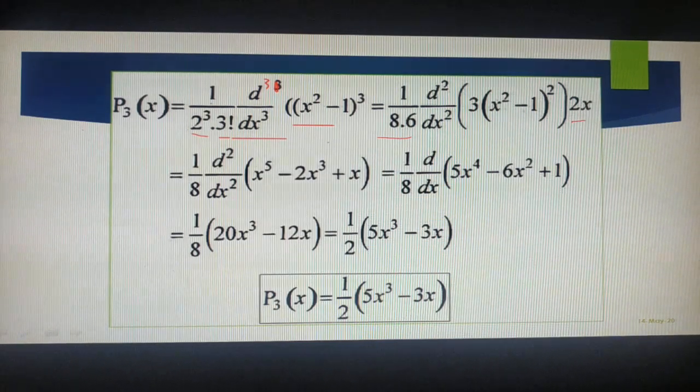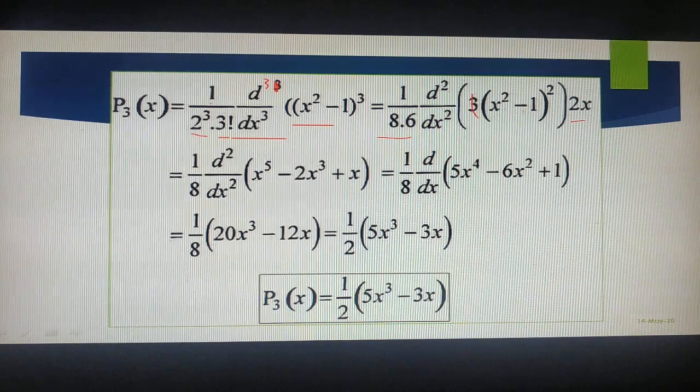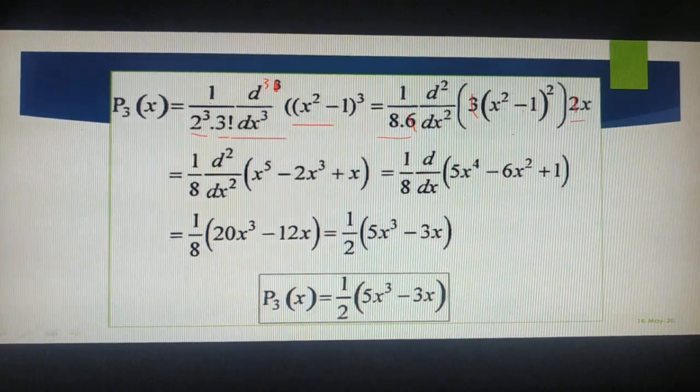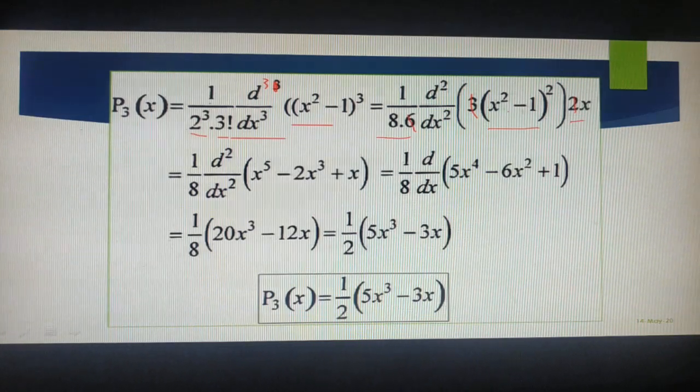Okay, now of course these are the constants, 3 into 2, that will be 6, and this 6 gets cancelled. Now we have this x square minus 1 whole square. When you expand this, I will get x to the power of 4 minus 2x square plus 1. Outside 1x is there, that's why we will get x to the power of 5 minus 2x cube plus x after multiplying by this x.